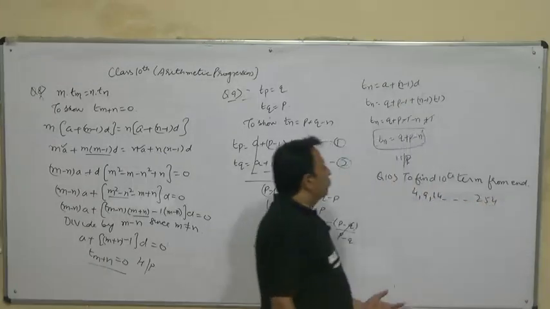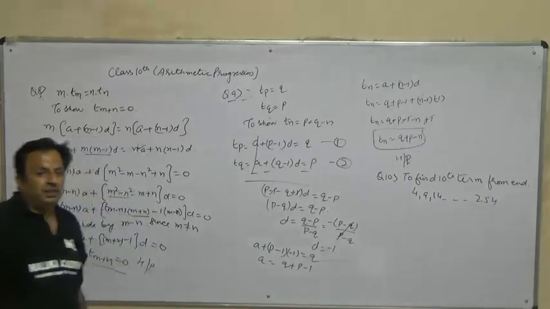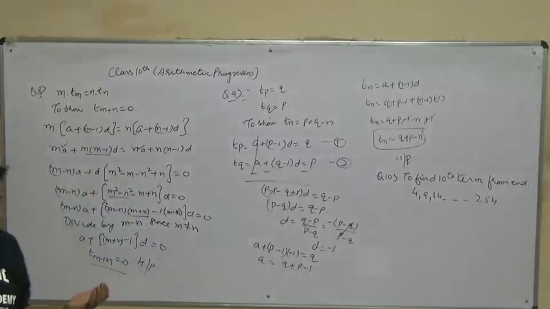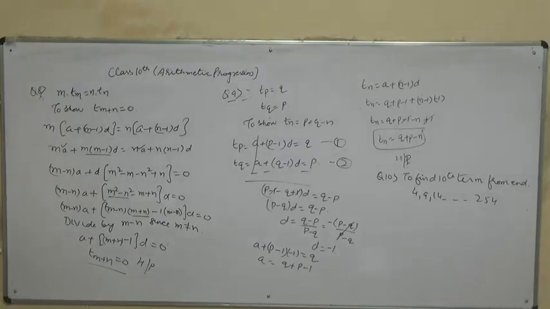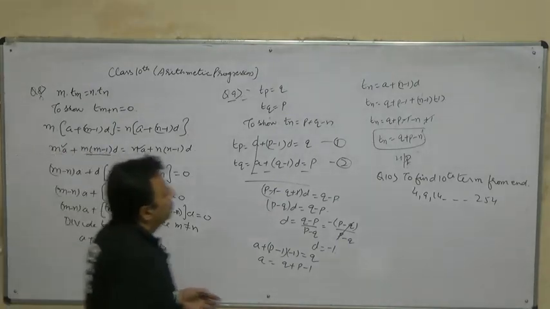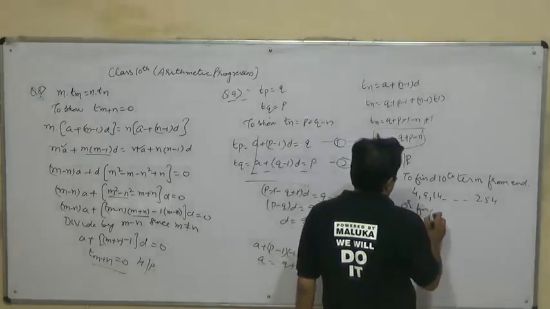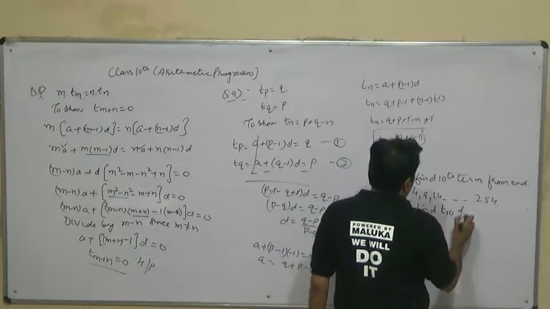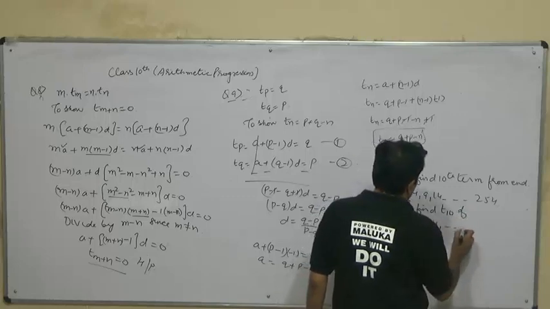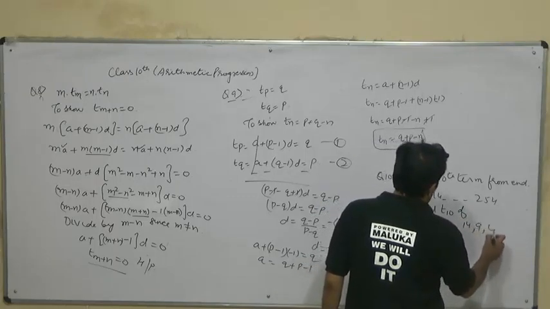So we have got two ways to get this answer. Either get the total number of terms, then apply the formula total number of terms minus 10 plus 1, or we can reverse the series. So find T10 of 254, 14, 9, 4.